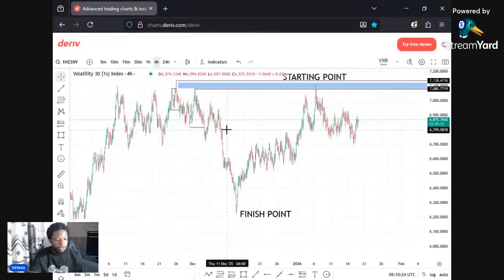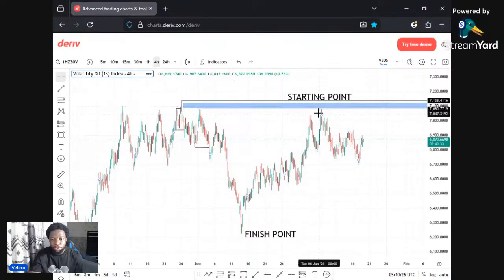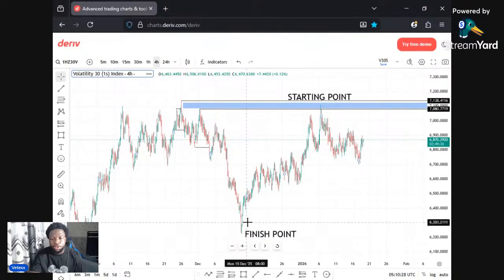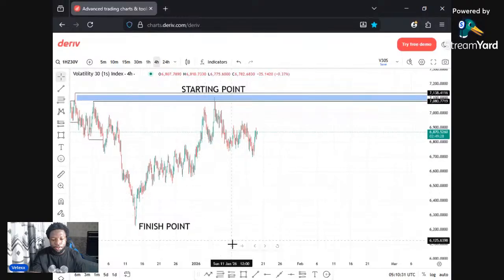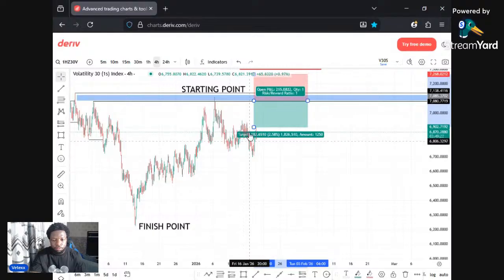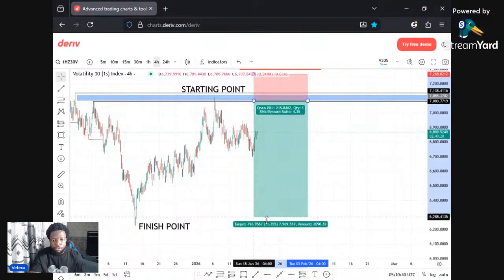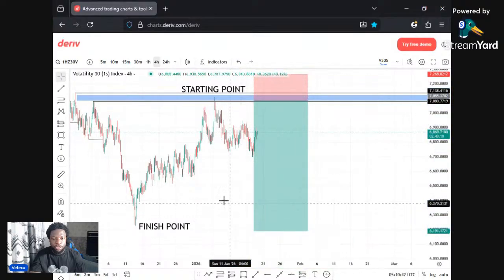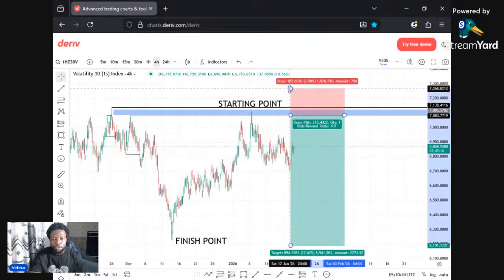So once price taps into this zone, which is the starting point here, this is where it's going to be the finish point on the 4-hour time frame. So price is going to sell from here all the way to this finish point.